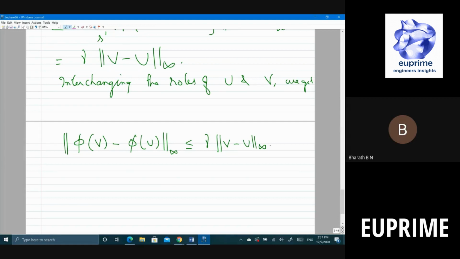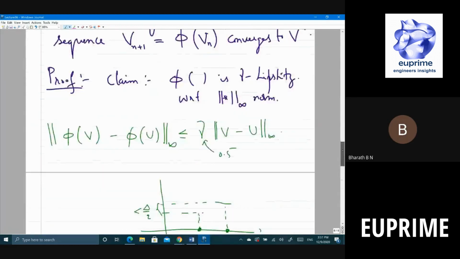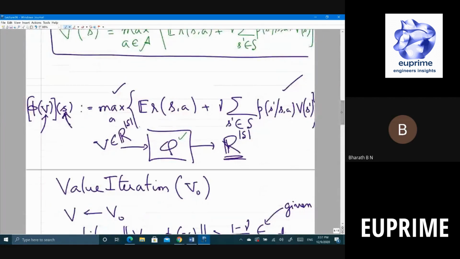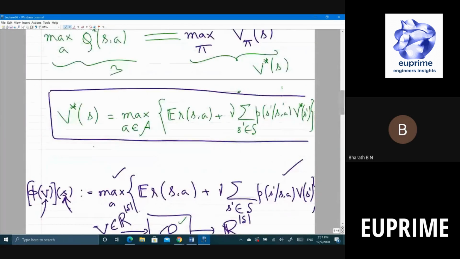Okay. So now, if you look at the Bellman equation, right, now by Bellman equation, okay, I'll point you to the Bellman equation. So what is Bellman equation? This iteration v star equal to, where is that? Yeah, so this is called the Bellman equation. This equation v star of s equal to max over blah blah blah, and then summation over all s dash p of s dash given s a v star of s dash, right?